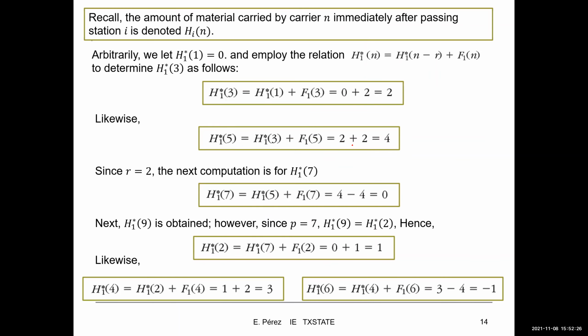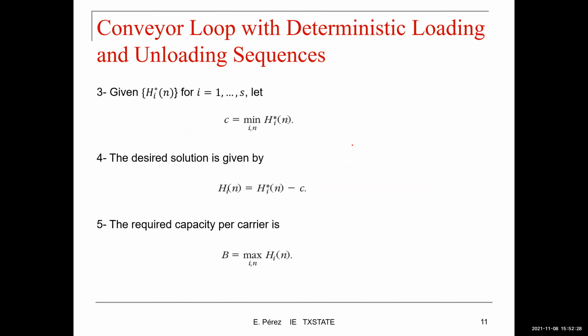So if we go back to this, is the equation that I'm using to find Z. Once I find Z, the desired solution is given in terms of HI, not the star. I'm going to use the star values minus Z to find the sets of HIs.